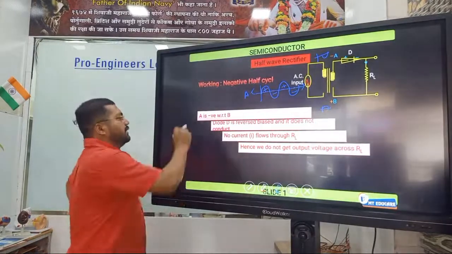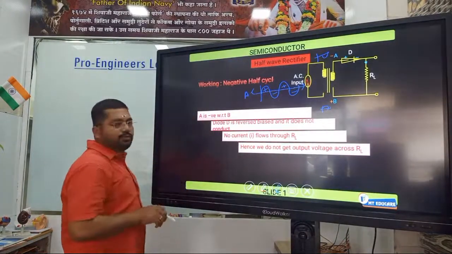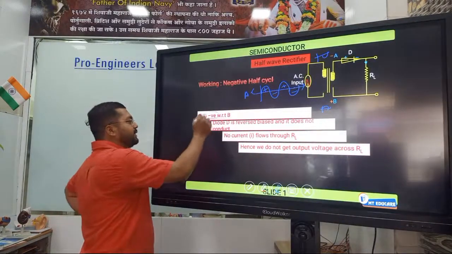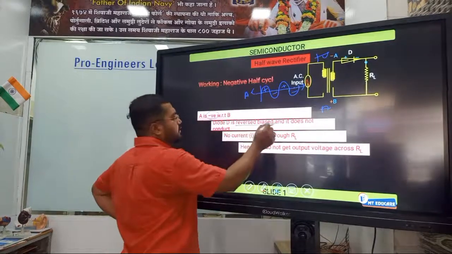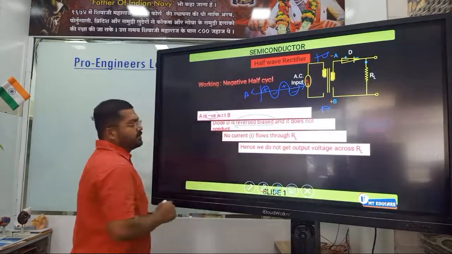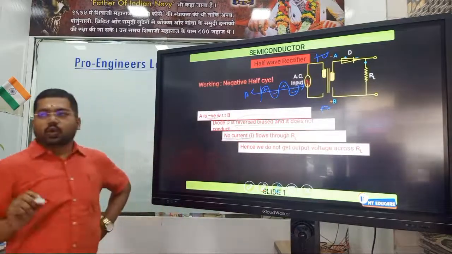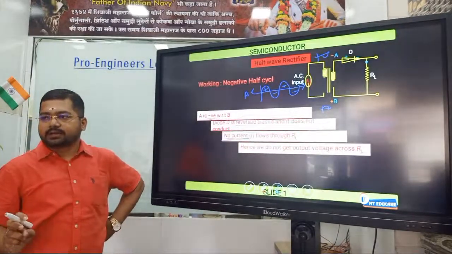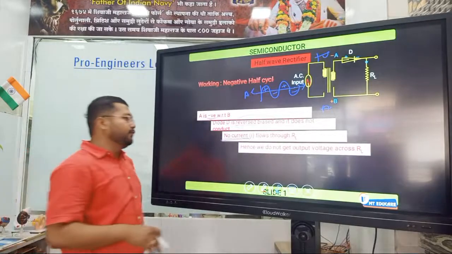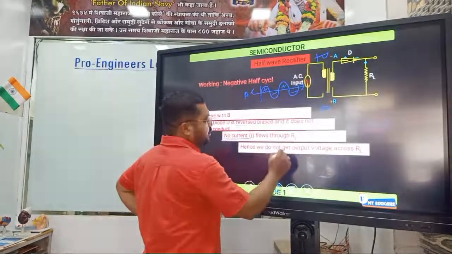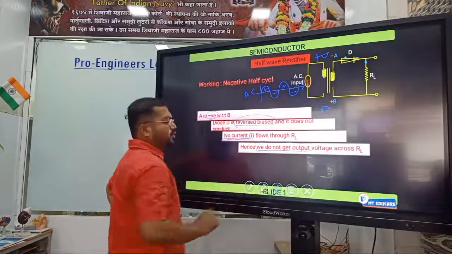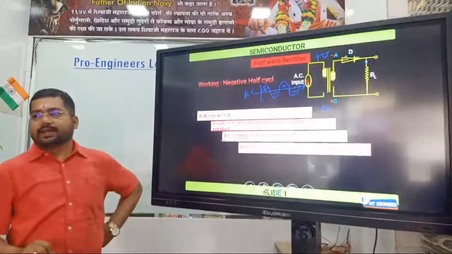But A is negative with respect to B. Diode is in reverse bias. So there is no current flowing through RL, and therefore we do not get any output.